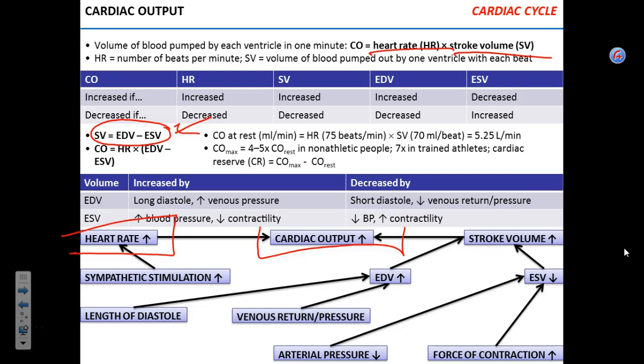This is end of systole. How can you increase the volume that I'm pumping out? Can you increase end diastolic volume? I'm not asking mechanism, just simple math. How can you make this number bigger? You either need to increase end diastolic volume or decrease end systolic volume. Are we clear about it?